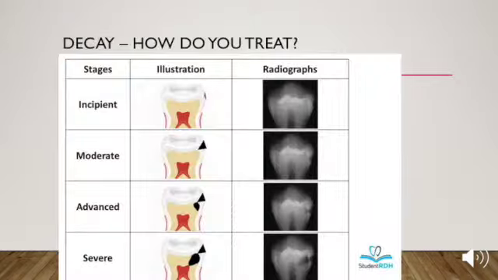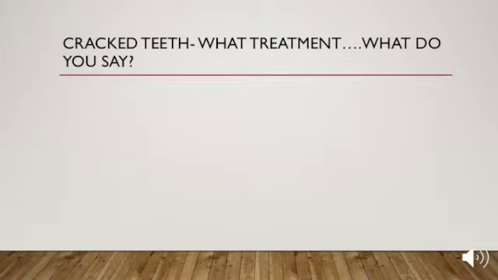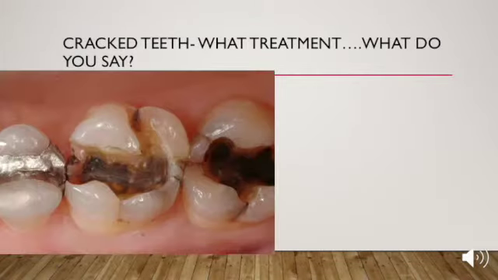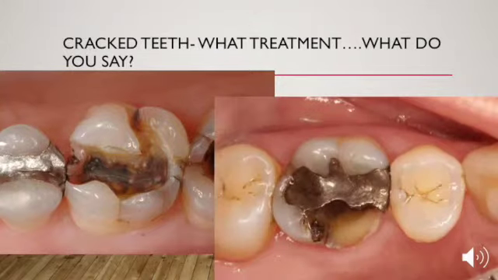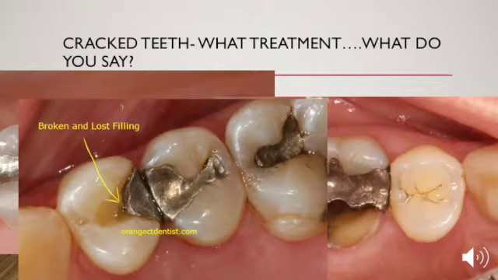So first, decay. You should go through with your associate how you treat decay. At what level, incipient, moderate, advanced, or severe, do you say, oh, that's definitely a class 2 composite, or that's definitely a root canal case, or at this stage the tooth is so cracked, as in cracked teeth, do these teeth need crowns, or does that tooth need a crown, or would you just replace this filling?